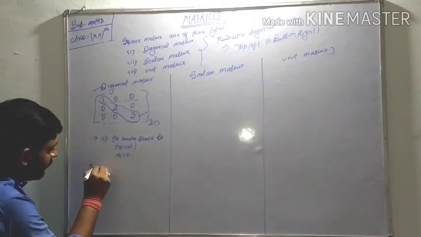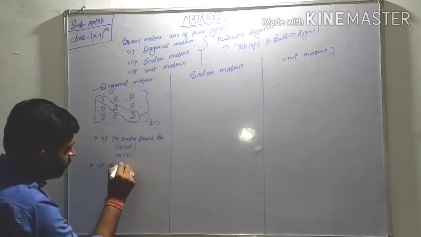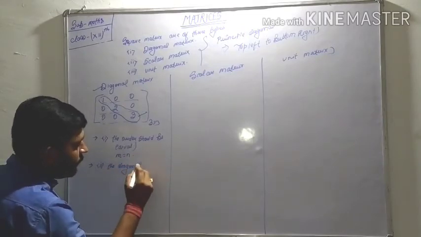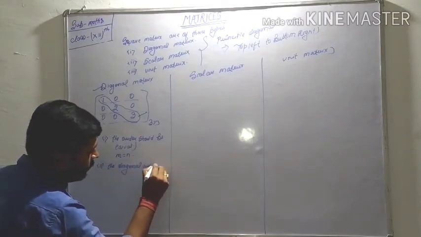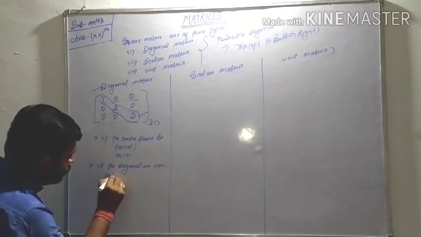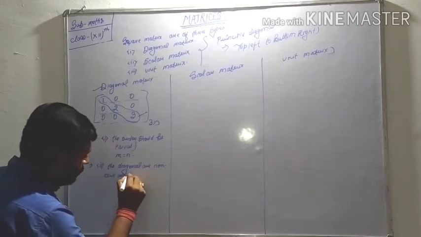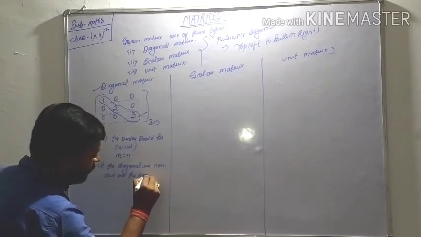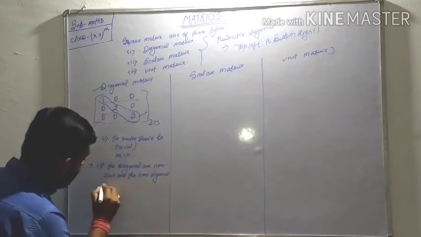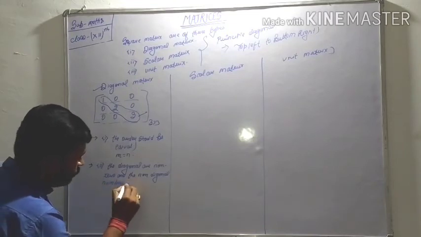And second, the diagonal elements are non-zero, and the non-diagonal numbers are 0.